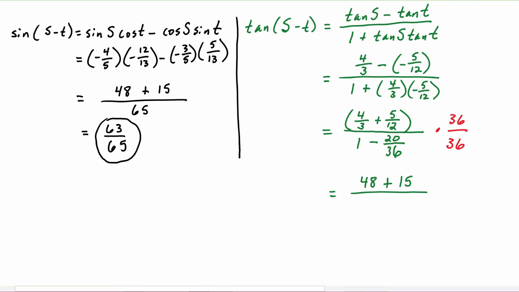In the denominator, we have to distribute this 36. 36 times 1 is 36, minus 36 times 20 over 36. The 36s will cancel, and we're left with the 20.